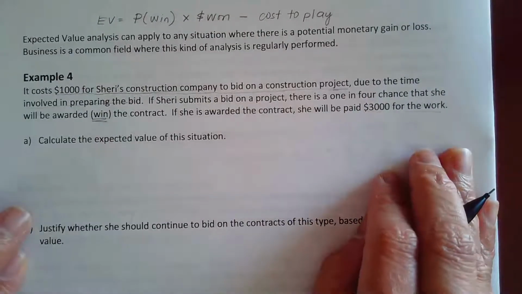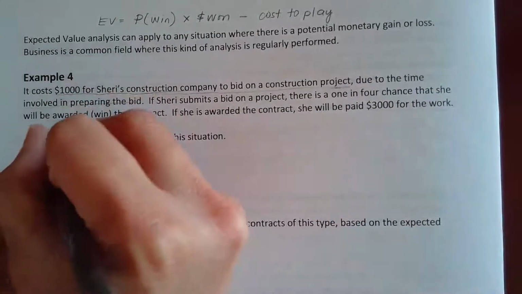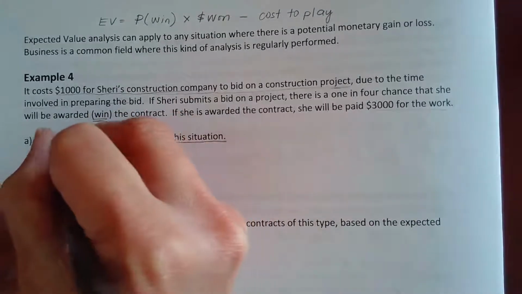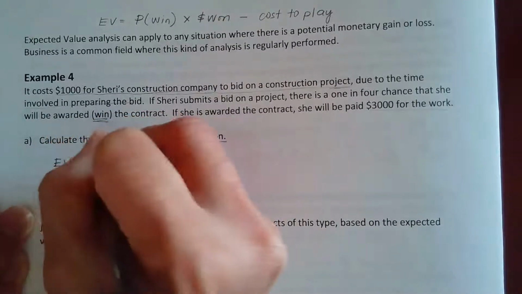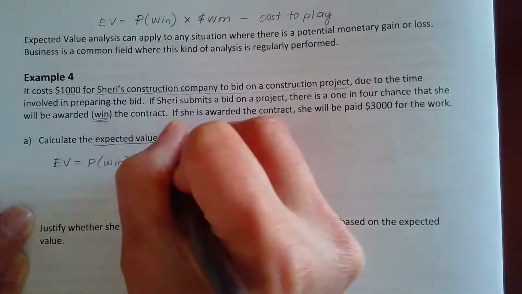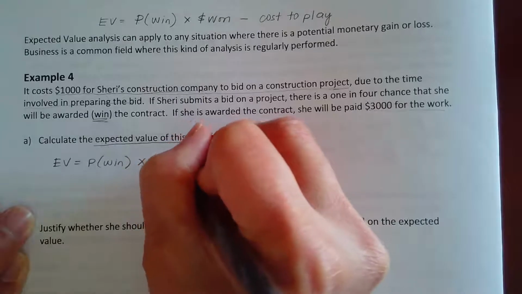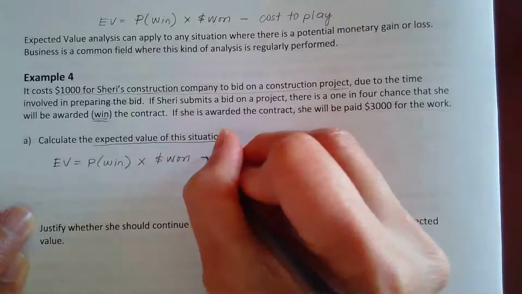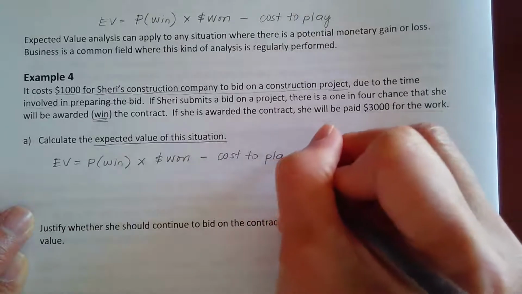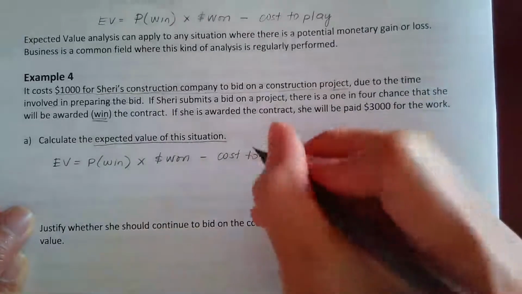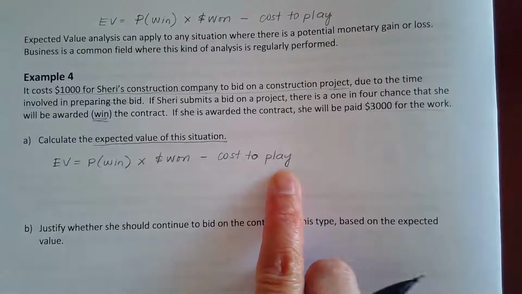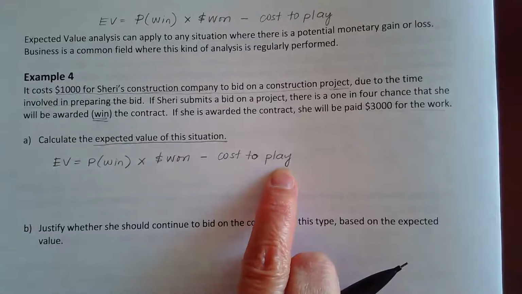Let's calculate the expected value of the situation. Expected value is probability of winning times how much she's going to get if she wins, minus cost to play. Cost to play means how much it would cost her to be part of this bidding.